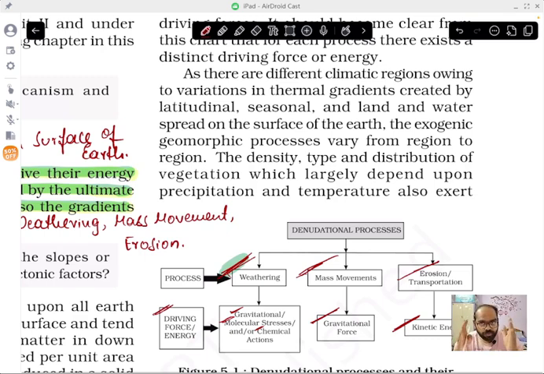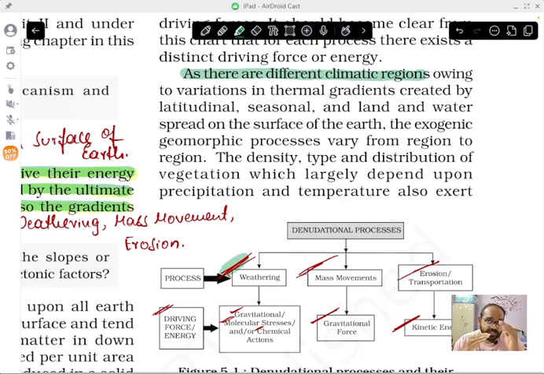So are they uniform on the entire earth? No, they do not operate uniformly on the entire earth, because there are different climatic regions on the earth. We have the equatorial climatic region, the tundra climatic region, and the temperate climatic region. In different climatic regions there are different temperatures and different precipitations.